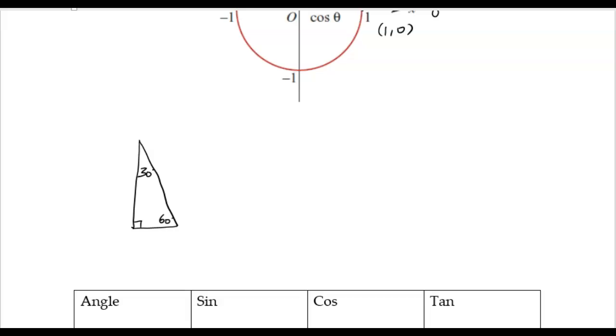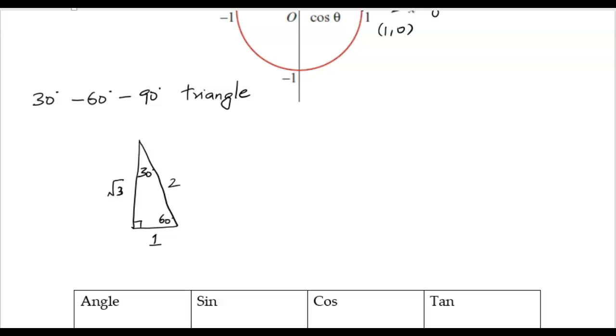Or in the form of radians, we're going to have pi on 6 for 30 degrees. Now the side lengths for this triangle are going to be 1, square root 3, and the hypotenuse is going to be equal to 2 units.